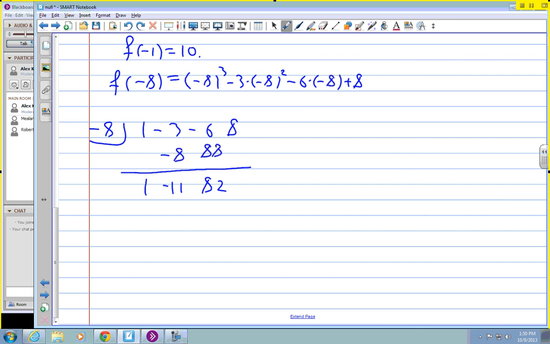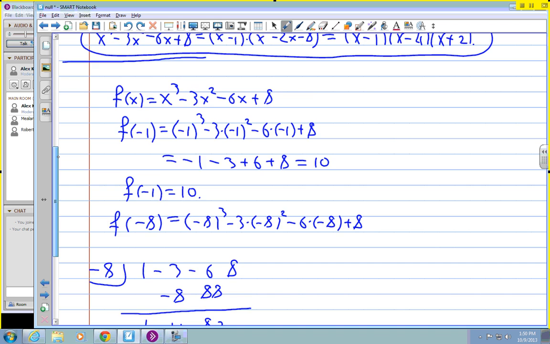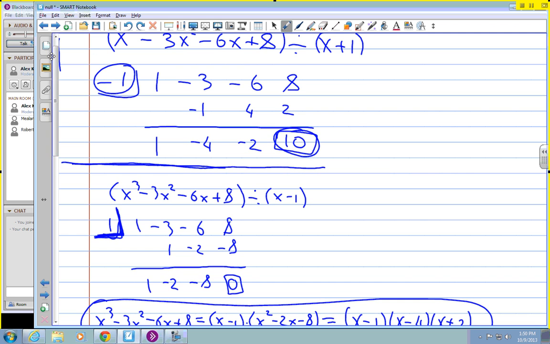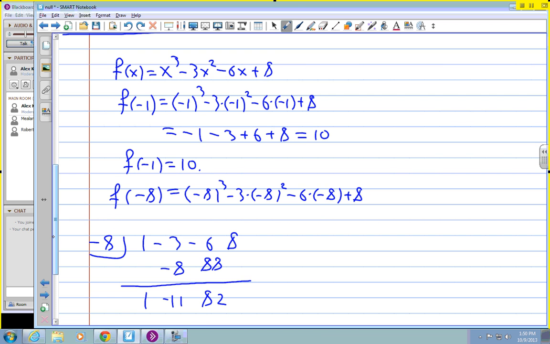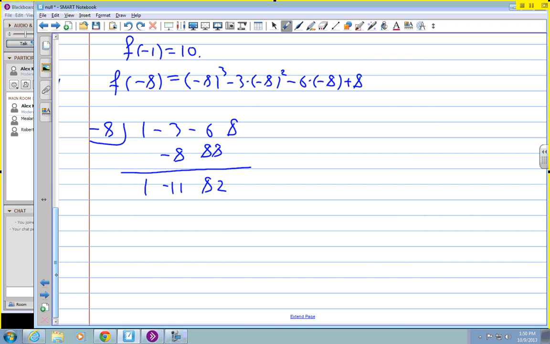But what I'm really glad to see is that you noticed that pattern, that the remainder happened to be the value of the function at that point. The negative 1 gave us 10 as the remainder, and by plugging negative 1 into the function, we also got 10. So same thing here. If I finish this, what is it? 8 times 8, it's 640, so negative 652, so negative 44. Yeah, that will equal negative 644.